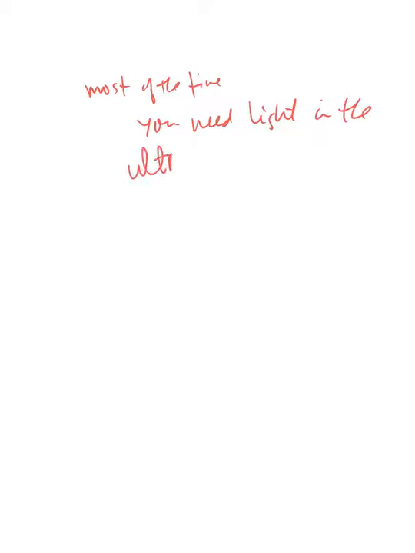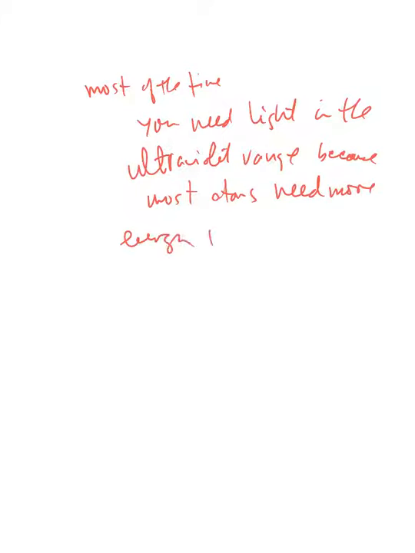I really should say this: most of the time you need light in the ultraviolet range, because most atoms need more energy than the cesium atom we just talked about.